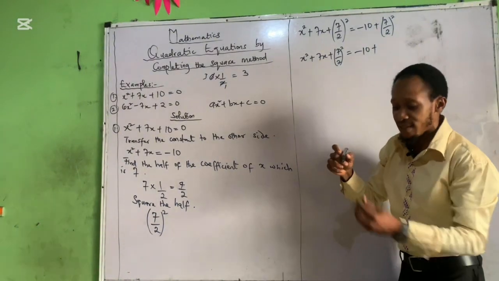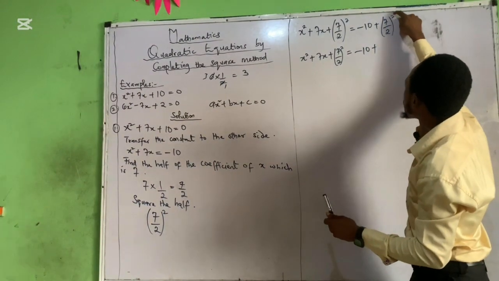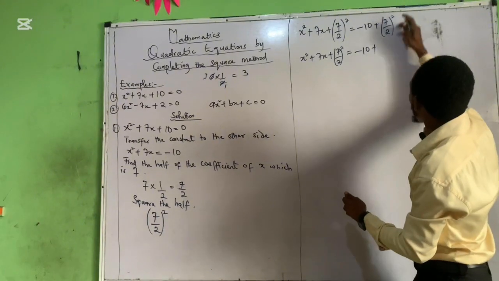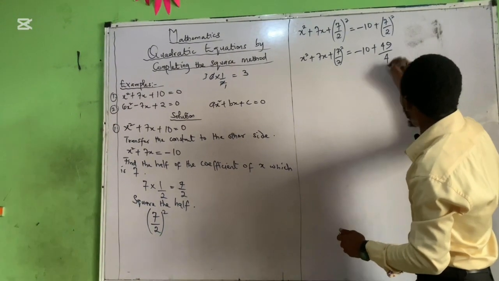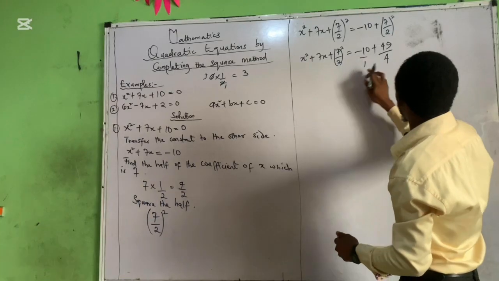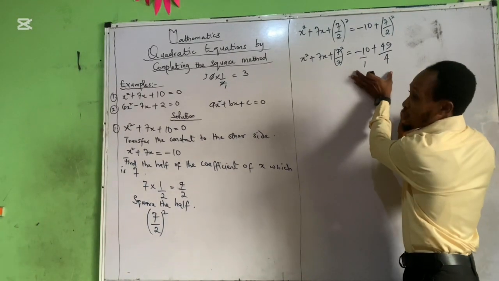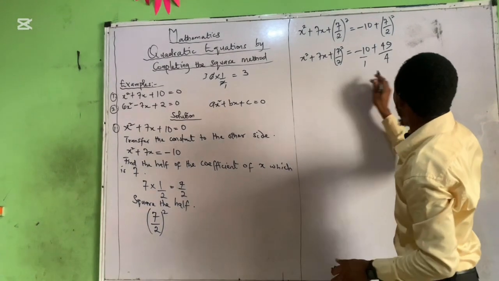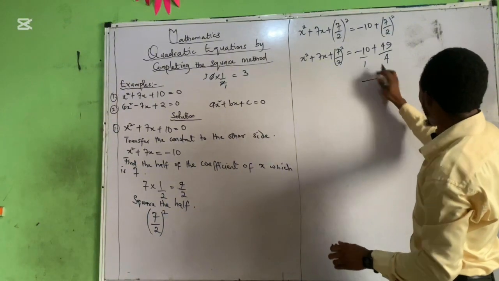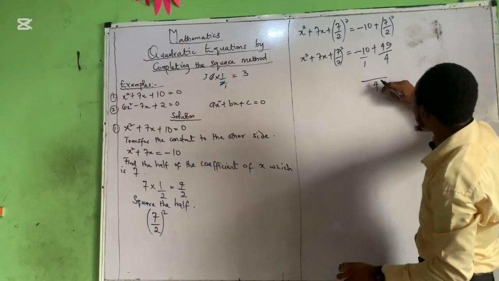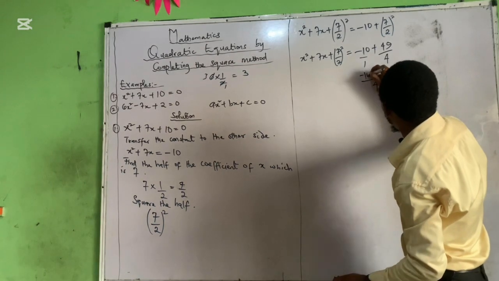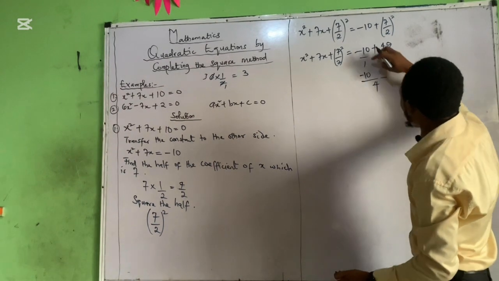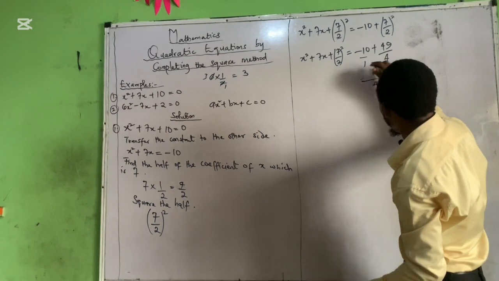Remember, in indices, when you have 7 over 2 squared, it means 7 squared over 2 squared. So that will be 7 squared is 49 over 2 squared is 4. Now here we can simplify this addition of fractions by finding the LCM of 1 and 4, which is 4. 1 into 4 is 4. 4 times minus 10 is minus 40.